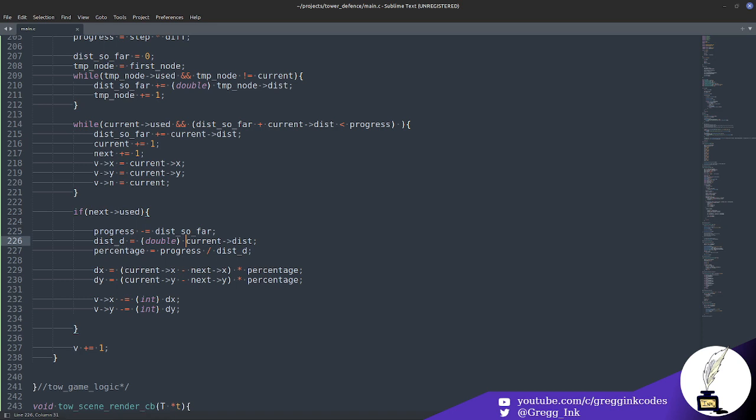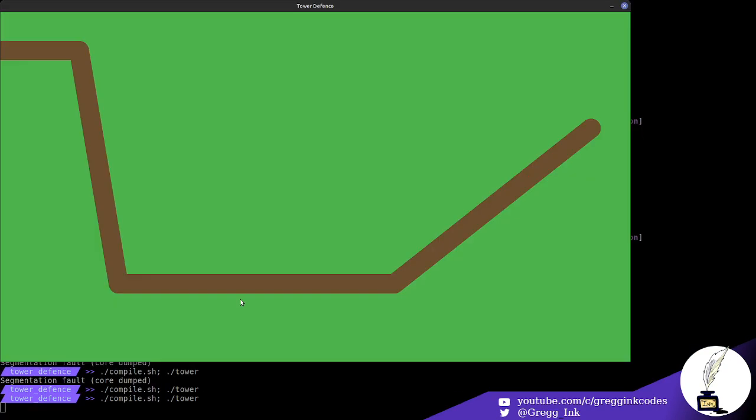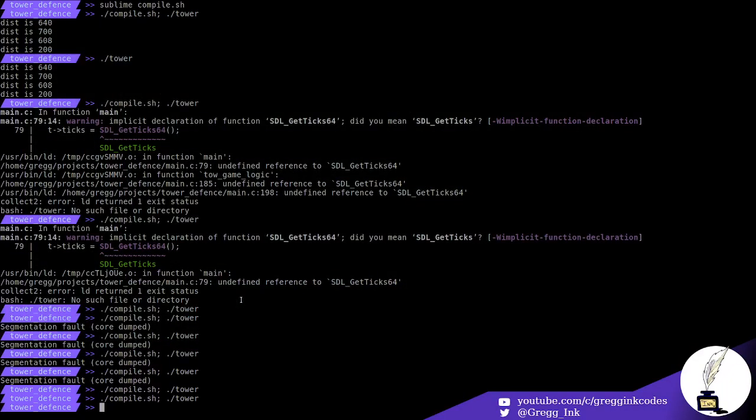And then progress divided by, right? Yeah, and of course those are always straight sections of road. Okay, so that's not the problem. Okay, let's try one more time. Okay, no.